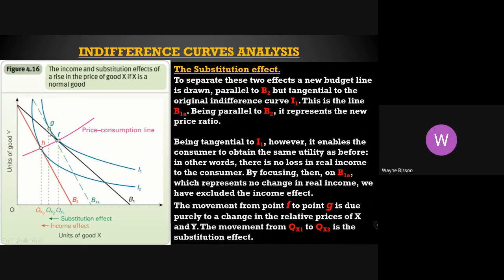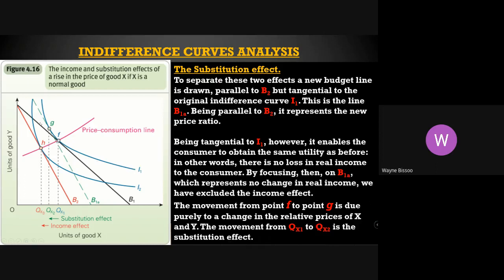So this is going to be a new budget line, given the label B1A, which is parallel to B2. That's the new budget line, but it is tangential to the original indifference curve that we came from, which was I1.